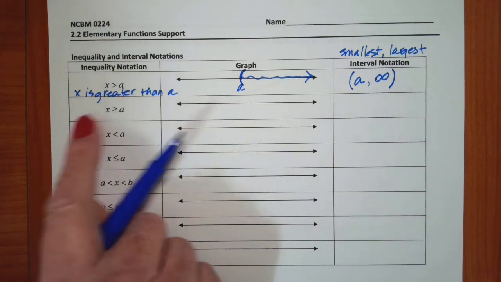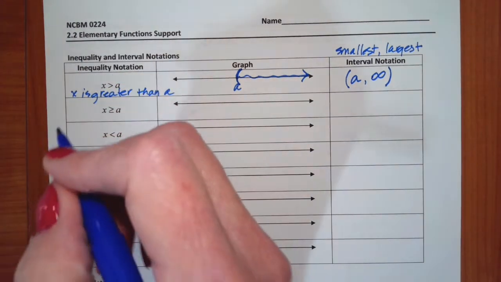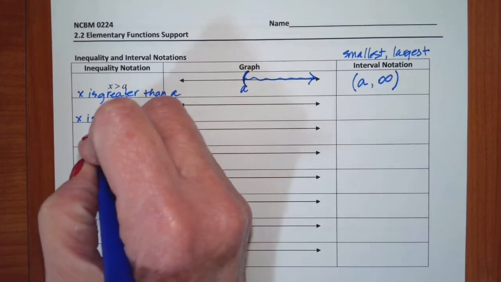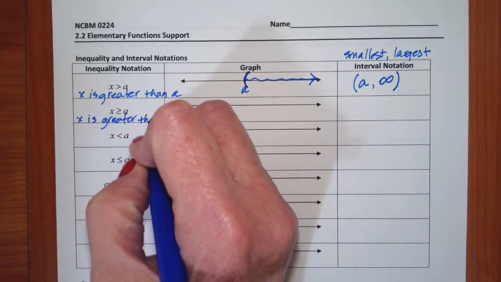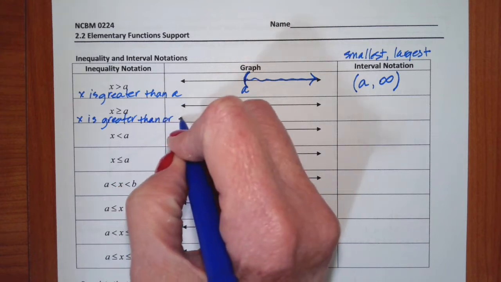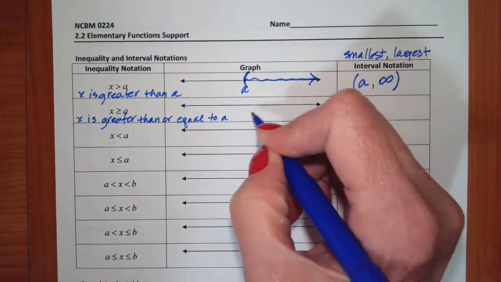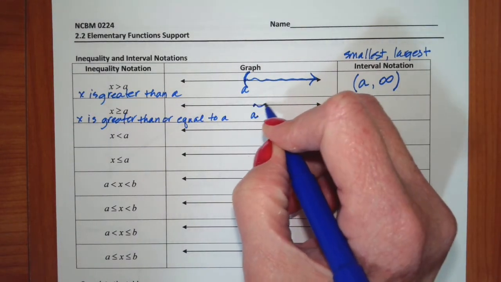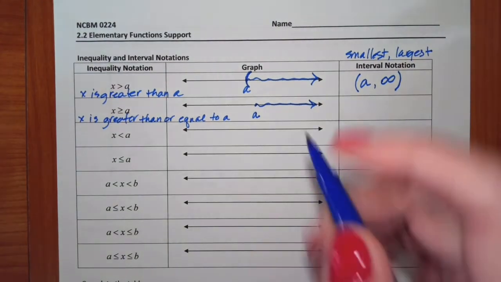Now, contrasting that with this symbol, x is greater than or equal to a. So that means, of course, if you've got a on your number line, it's going to be everything to the right of that, everything larger than that.